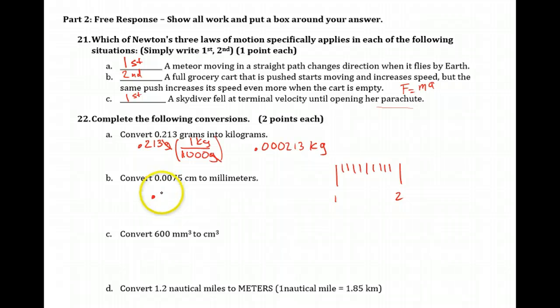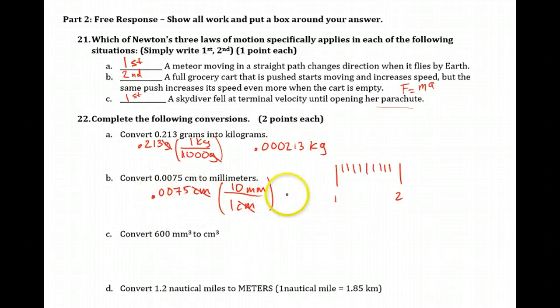So we would do 75 centimeters, and 1 centimeter has 10 millimeters. Cancel, multiply, 750 millimeters.